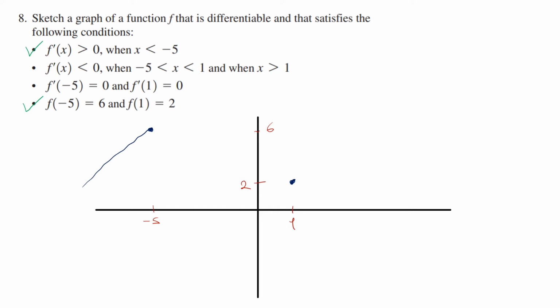Now that I'm at the point -5, I realize that it also gives us what the derivative at -5 is. It equals 0. So we know when we take the derivative of something and it equals 0, it's either a maximum or minimum point where the tangent is horizontal. So the slope of my tangent is 0.